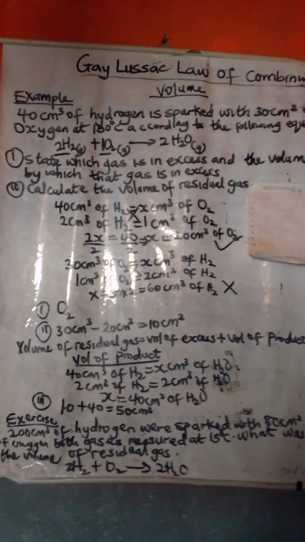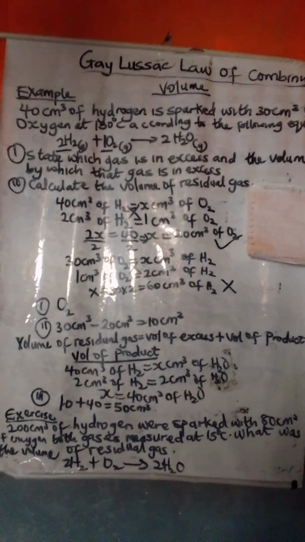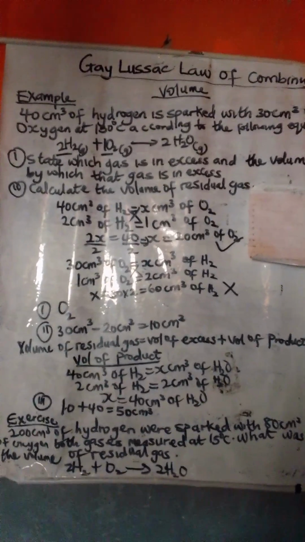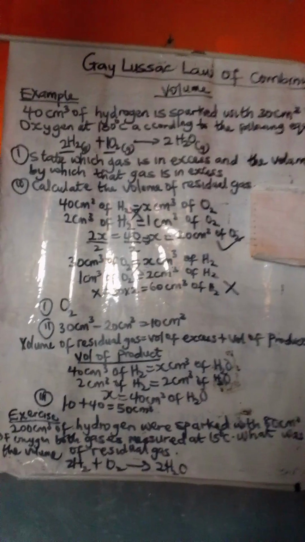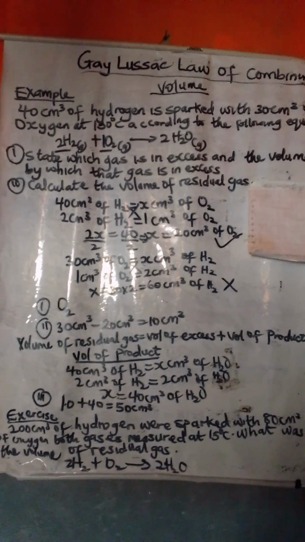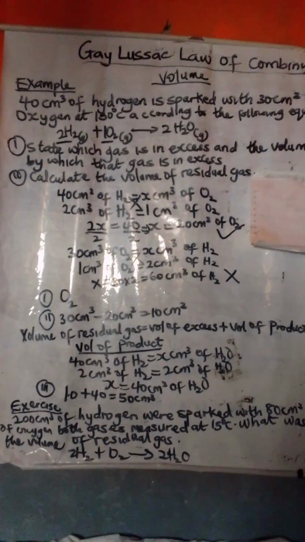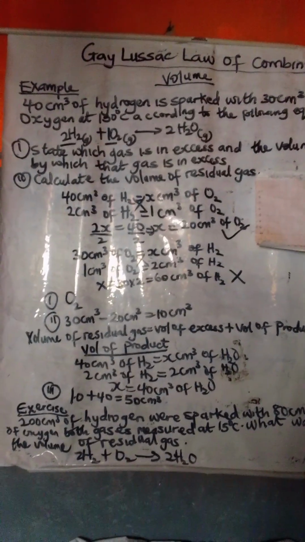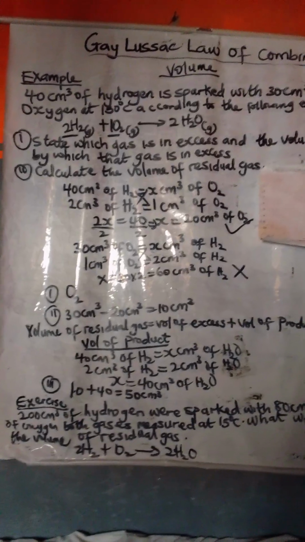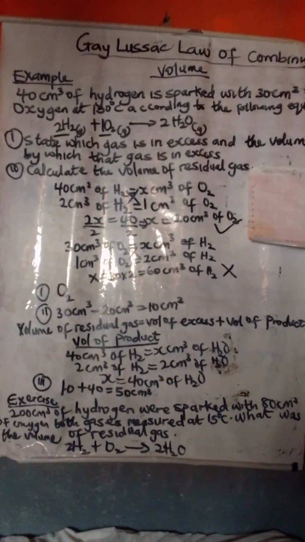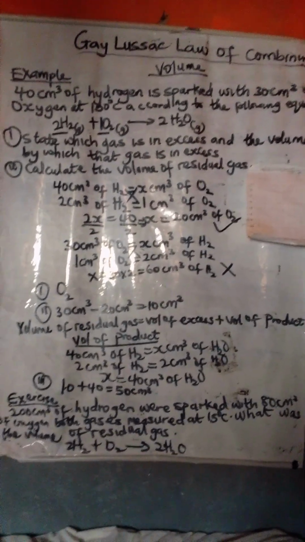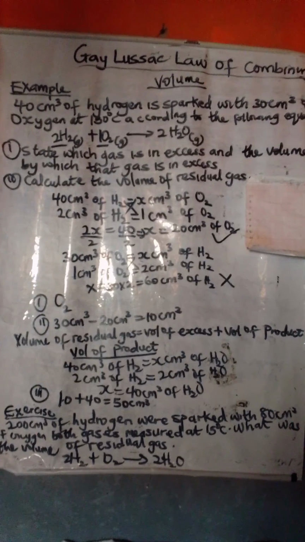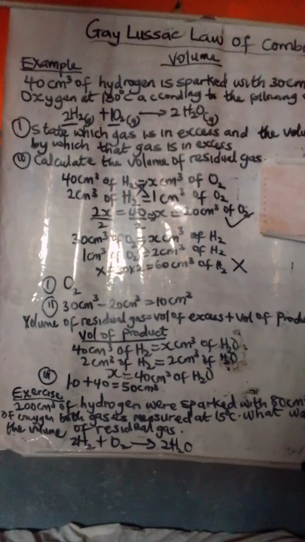The volume of residual gas is volume of excess or unused plus volume of product. You calculate the product. The product is H2O. So we have 40 cm³. You use that 40 because the one that is used up is 40. So you use 40 cm³ of hydrogen or you use 20 cm³ of oxygen, either of the two. When you use 20 cm³ of oxygen, you arrive at 40.